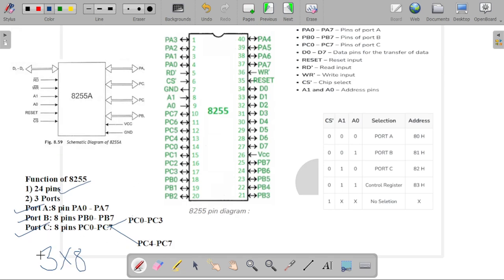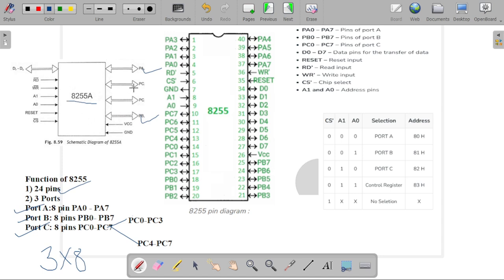Whenever we consider port A, we can write it as PA0 to PA7. Port B can be written as PB0 to PB7. The ground and VCC connections are also there in our 8255.